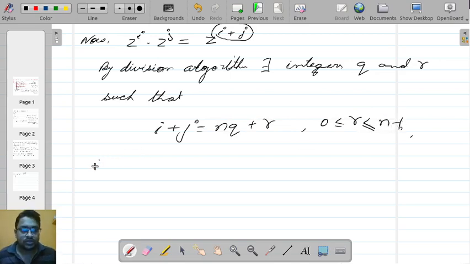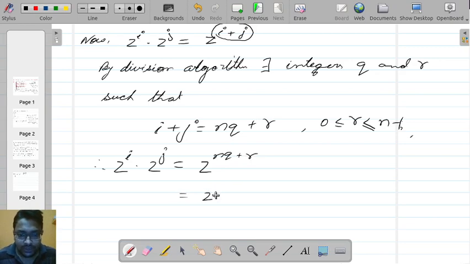Okay, so therefore z to the power i into z to the power j will actually be z to the power nq plus r. So this is z to the power nq into z to the power r.